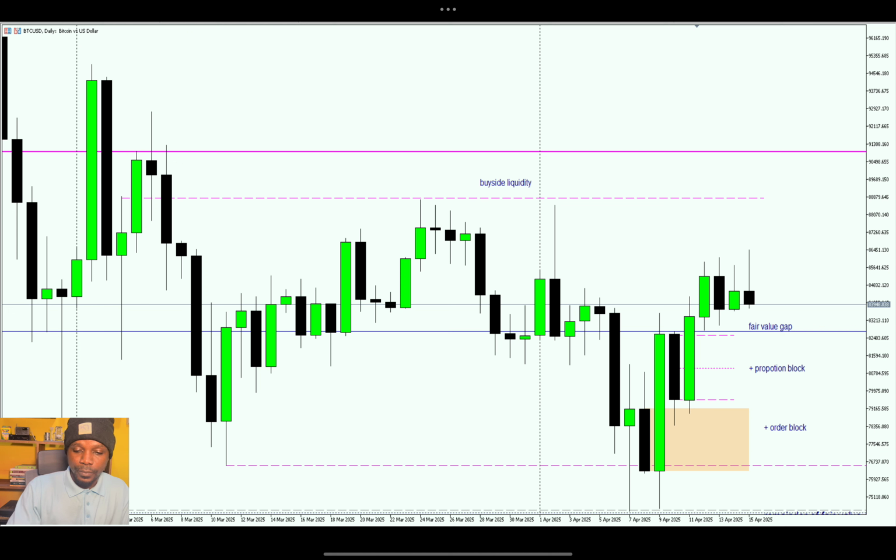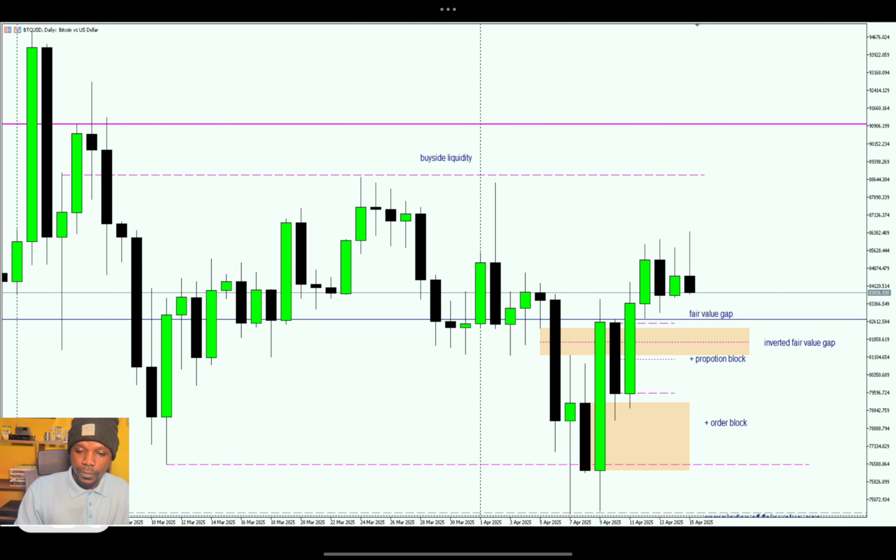Now let's look at this, coupled with the fact that we are seeing the propulsion block. On the other side of the propulsion block was a fair value gap that price had traded into. You can see that I have indicated here the inverted fair value gap.